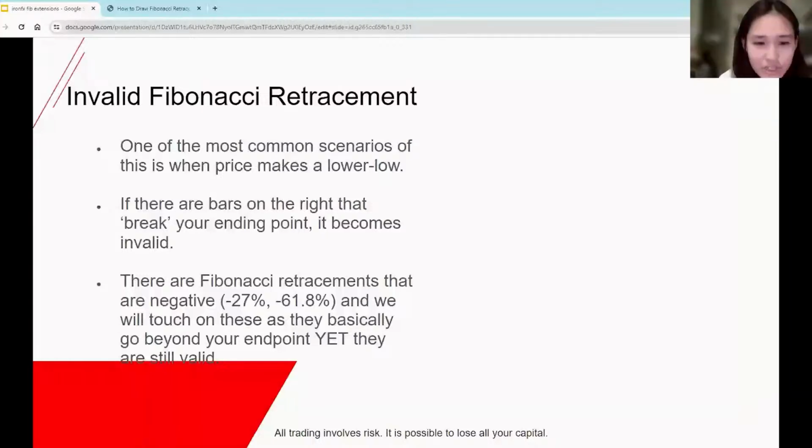I think we have a bunch of examples of this later on. Just because it becomes negative doesn't mean that it is invalid, because we've already gone through that Fibonacci expansions are negative levels. But I'll show you guys some examples later on.